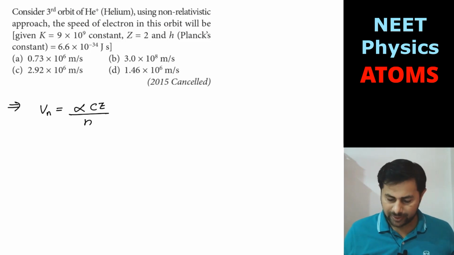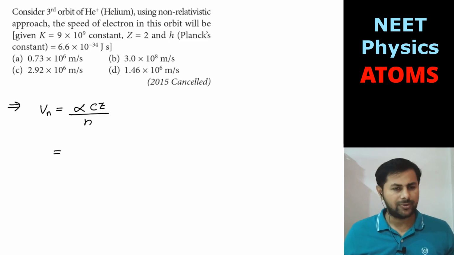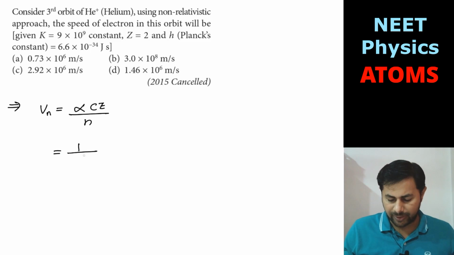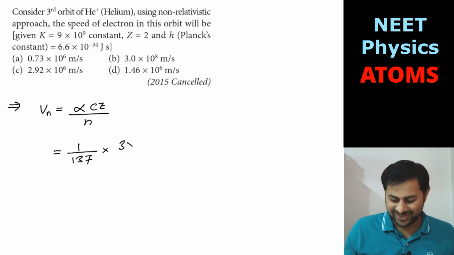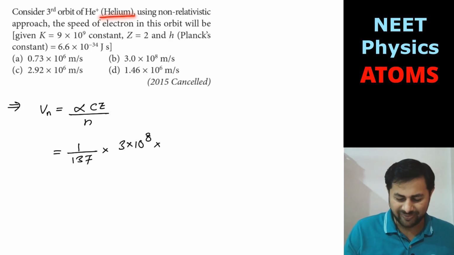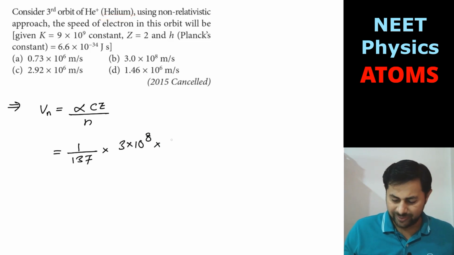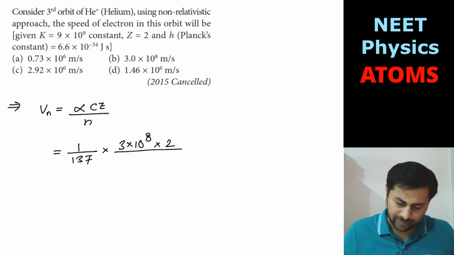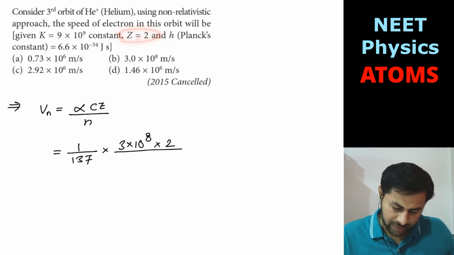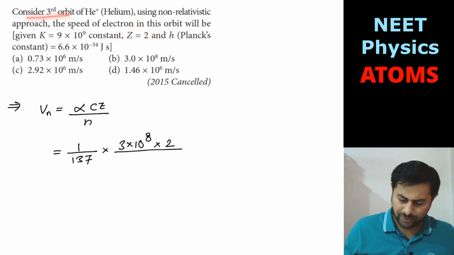This is the formula, right? So let's just substitute values. Alpha is 1 by 137 multiplied by C, which is 3 into 10 raised to 8. What is Z? This is helium, so Z is equal to 2, and then you have n. Which orbit? Third orbit. So n is equal to 3.